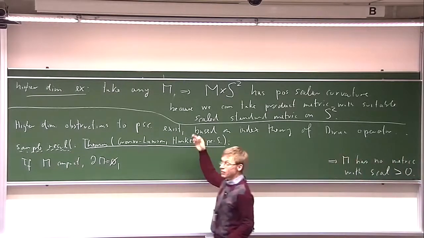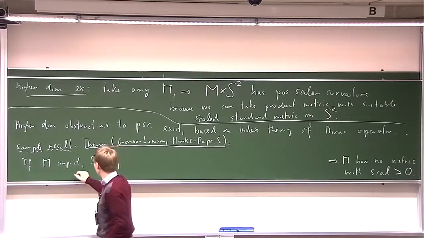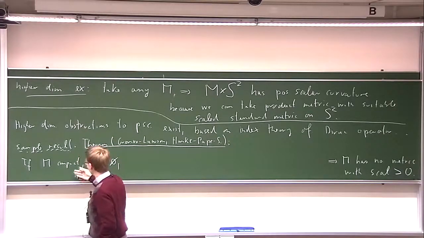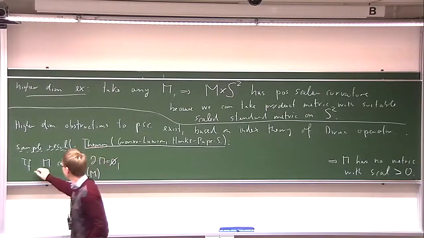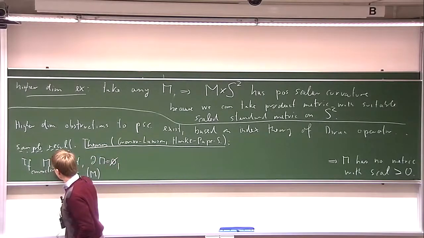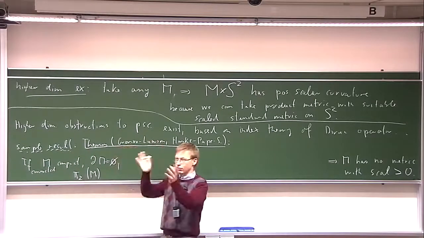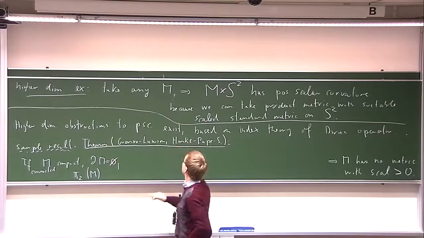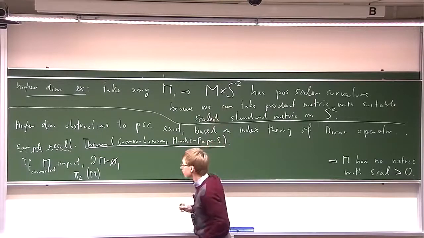So we have to avoid this S2. And one way to do that is to say there is no 2-sphere homotopically non-trivial inside M at all. So let's also assume it's connected. So this just means every 2-sphere you map into it can be deformed to a constant map to a point. And that's not possible with M times S2.